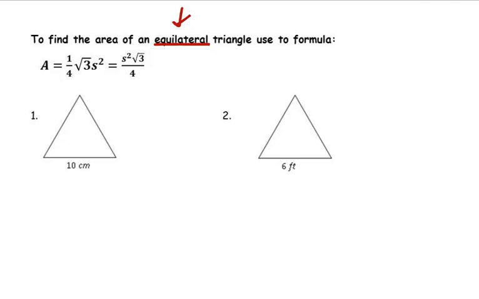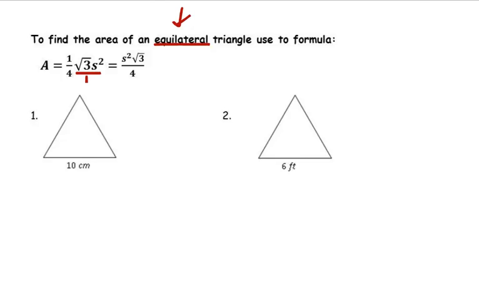So here's the formula: area equals 1/4 the square root of 3 times s squared.